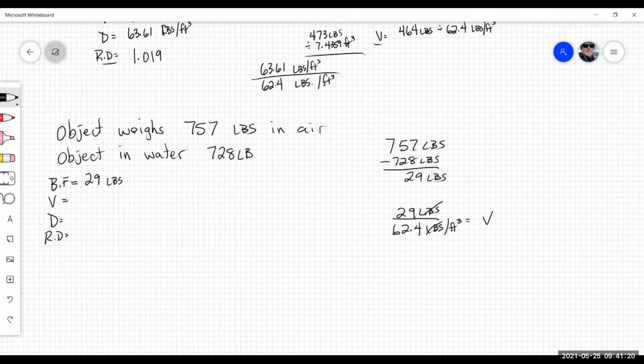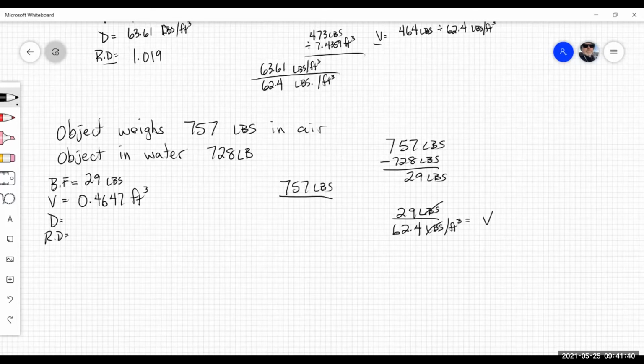So my volume of this object is 0.4647 cubic feet.